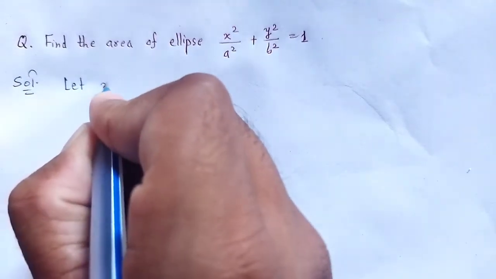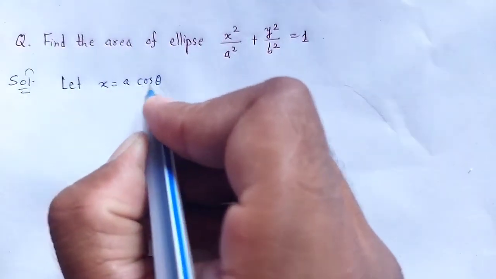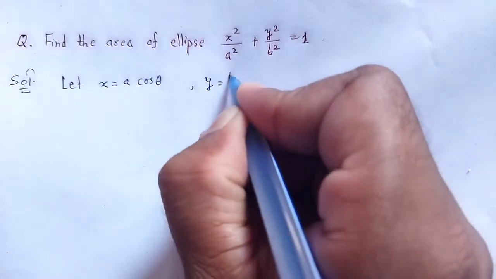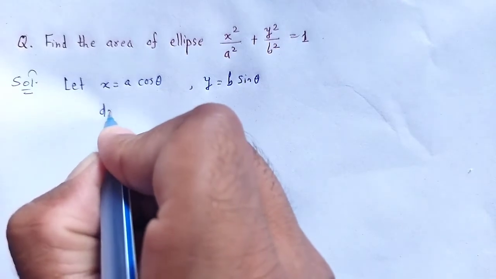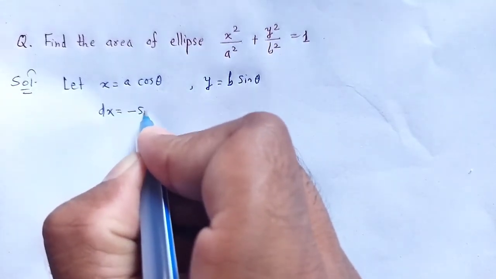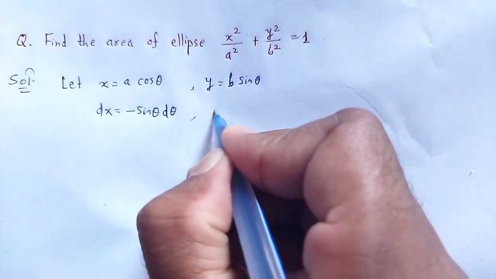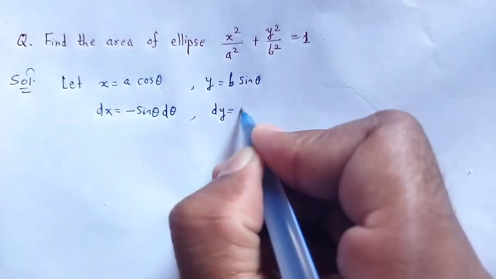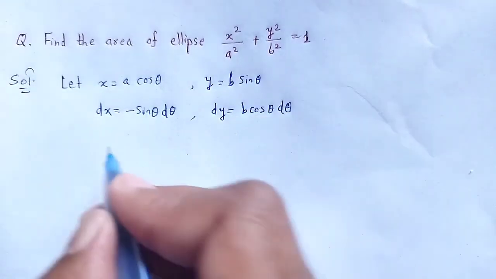Let x is equal to a cos theta, y is equal to b sin theta, dx will be minus a sin theta d theta, and dy will be b cos theta d theta.